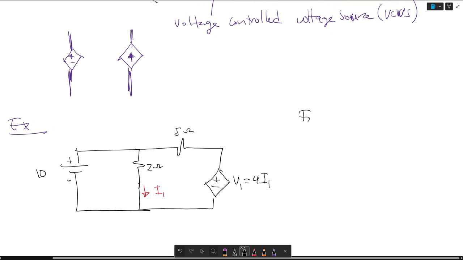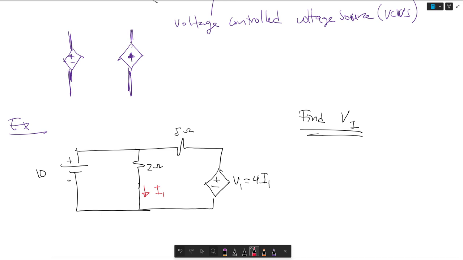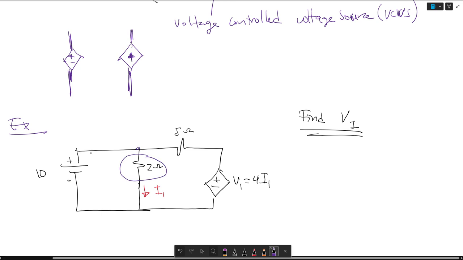The question asks us to find V1. We know that the voltage across this resistor is in parallel with this voltage. So that means I1 is equal to 10 volts over 2 ohms, which is equal to 5 amps.